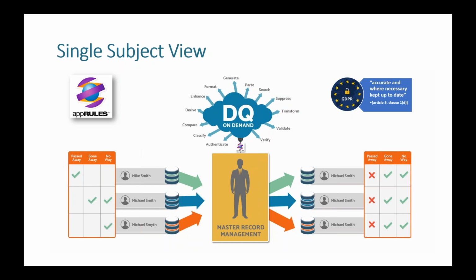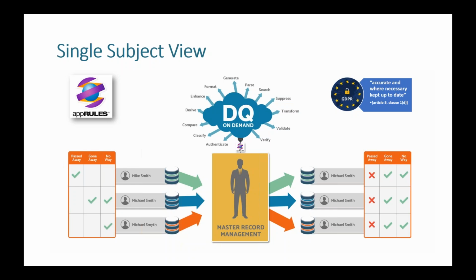So when we consolidate that in our golden record, we have been able to go out to the outside world using our DQ on demand service. We can go out and see whether they should be suppressed from a consent point of view, suppressed from a gone away or deceased point of view, and also check for their consent, as we have a consent platform which allows us to be fully GDPR compliant.